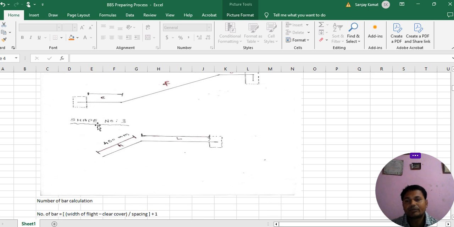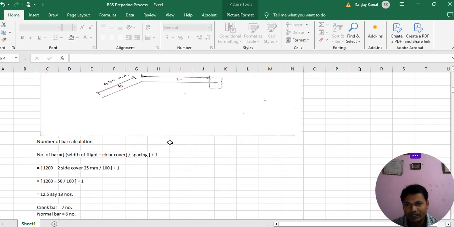In shape theory, again this bend is sloping, and again this bar is horizontal, sloping and horizontal. So we can take this part as H and this part as L, and this sloping is 450 mm.